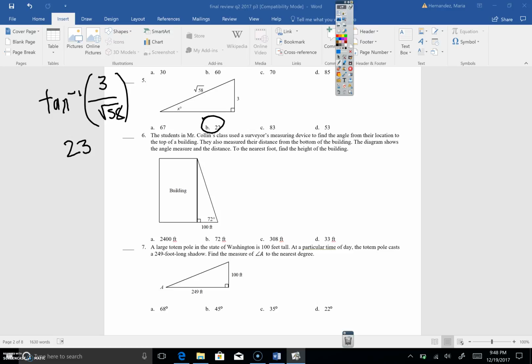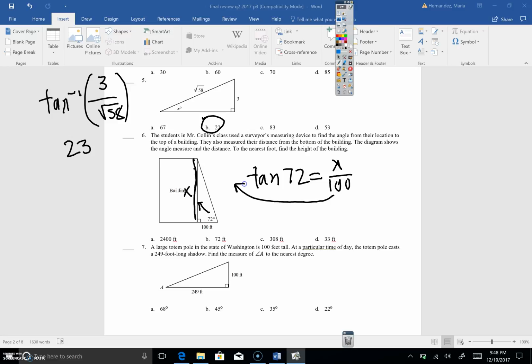Okay. They asked us for how tall the building is. So if we look at that, we have opposite and we have adjacent again. So again, this is a tangent problem. So tangent of 72 equals x over 100.